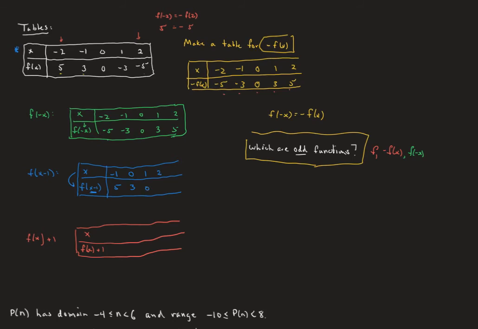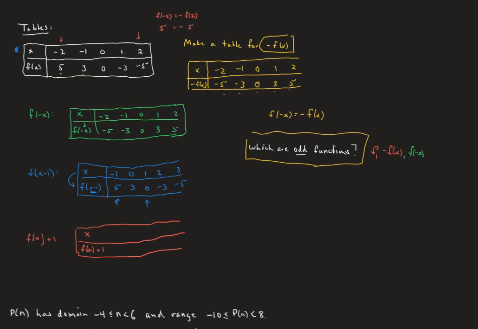And when we plug in 2, we evaluate f of 1, and when we plug in 3, we evaluate f of 2, and we see this. Now what we see is this is no longer going to be odd, because when you plug in -1, you get 5, but when you plug in +1, the negative of that, you don't get a -5. So that's no longer odd.